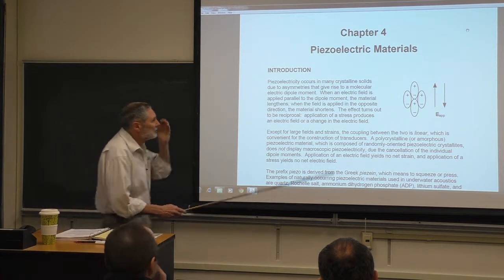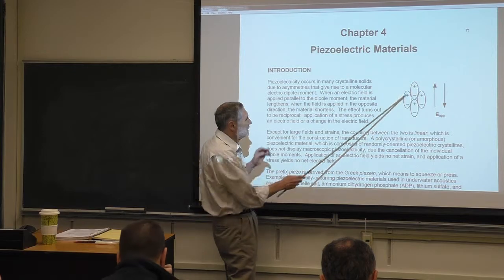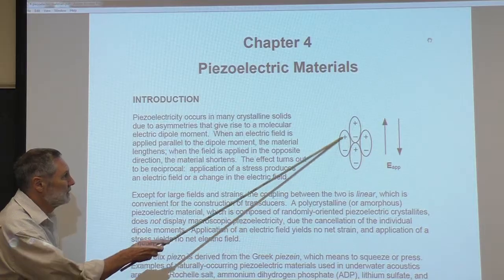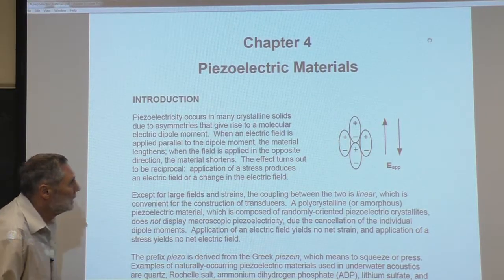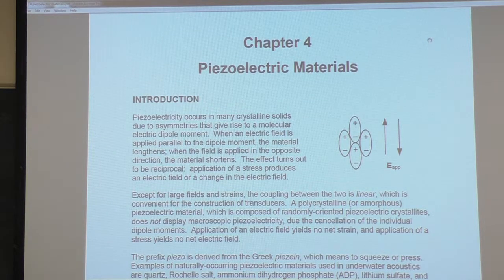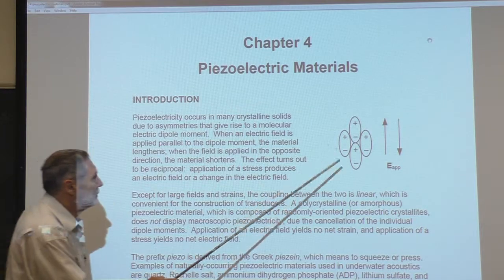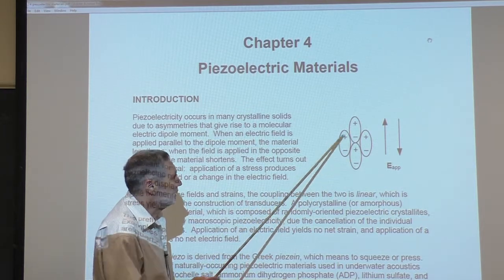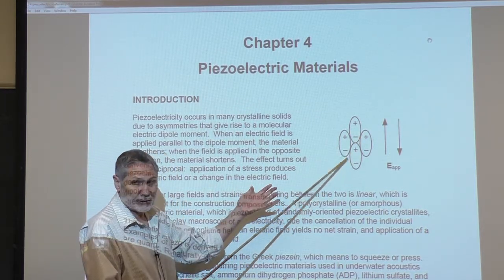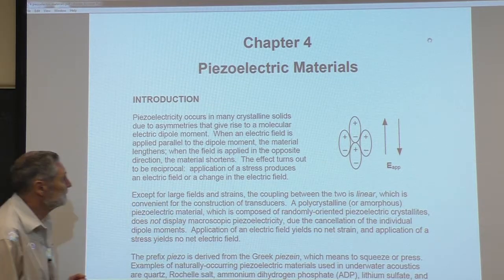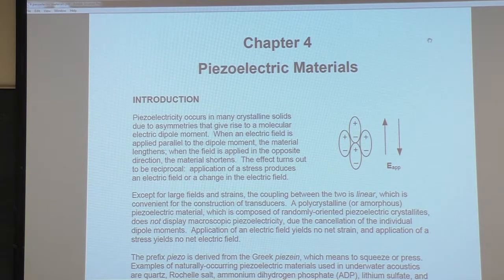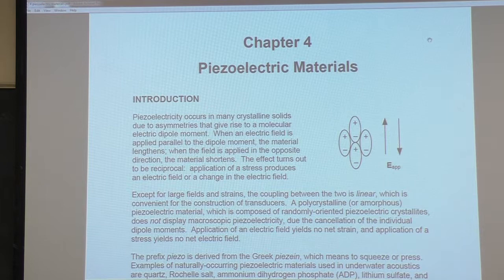So here's a real simple example. Think of this as a molecule. It's got this permanent electric dipole moment, and they're arranged in a regular fashion, the crystal here. That's a very simplistic view.